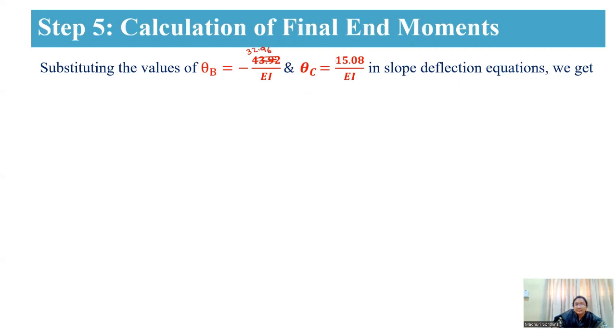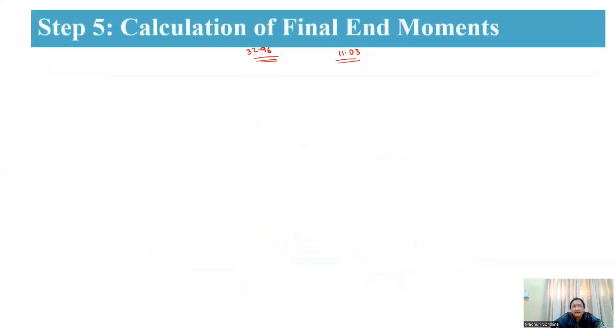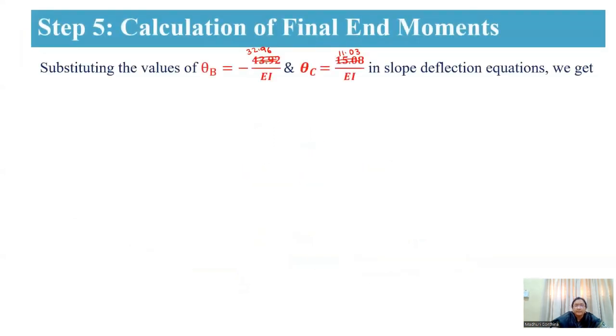We'll just see the sign convention also: minus 32.56 and plus 11.03. This is how you are going to substitute these values.